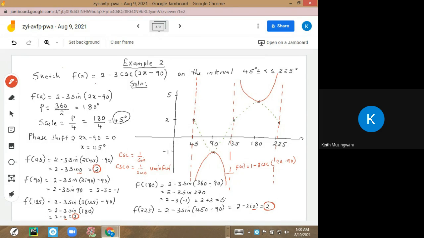Even if you don't know what it means to have an amplitude, you still get this thing correct. That's the beauty of this method. So this was based on sine and cosec.